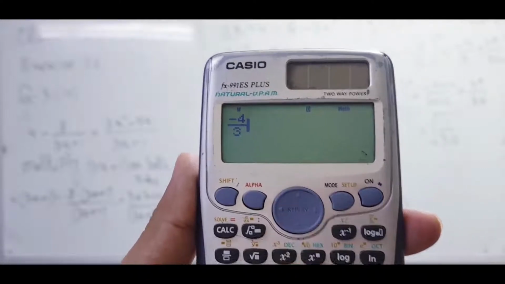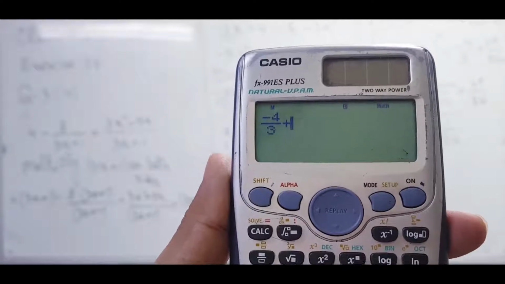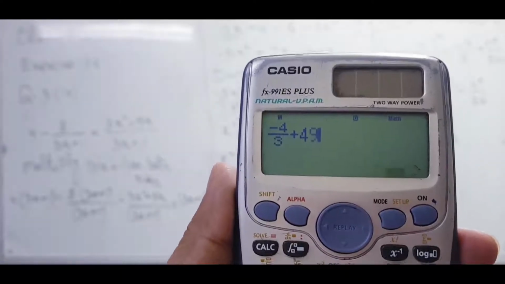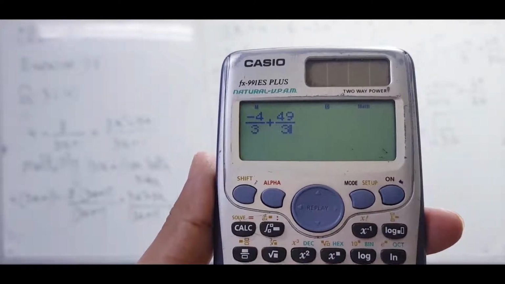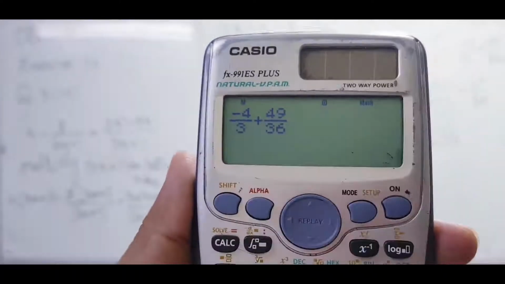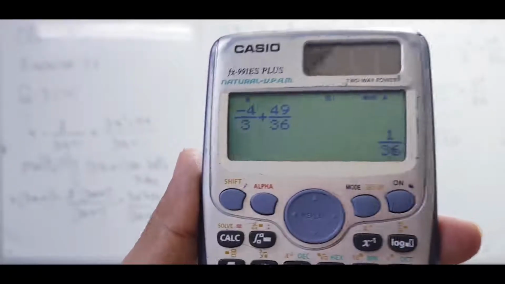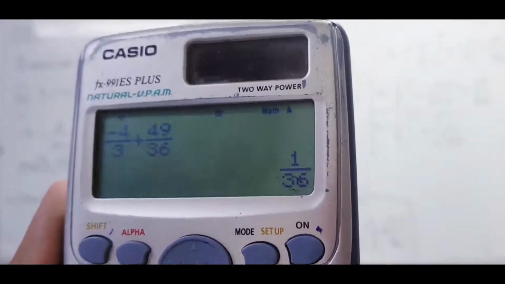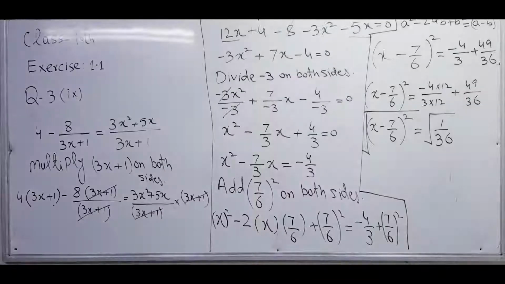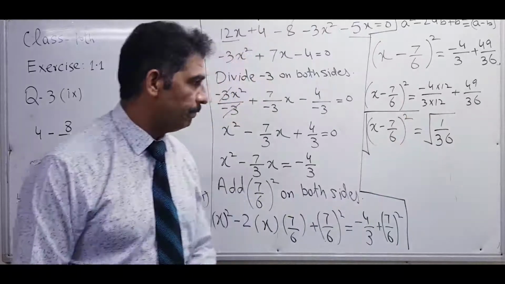After that plus, then again the fraction, that is 49 over 36, correct? You can see that, all of you. Now apply the equal sign, then you get the result. You can see that one, 1 over 36, same. So it's also correct, but I explained the method of how to solve.